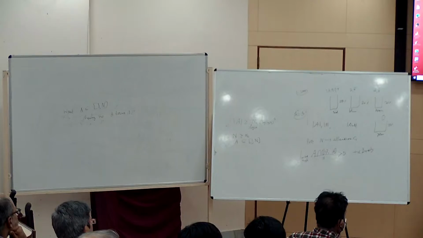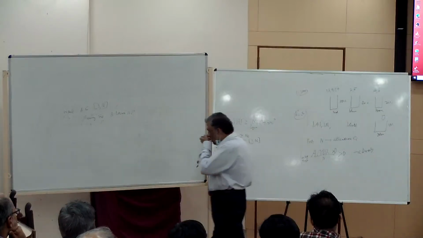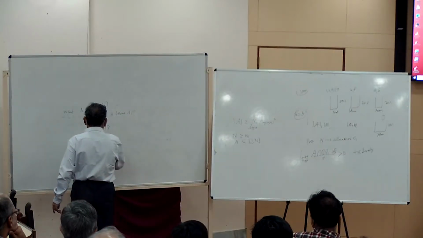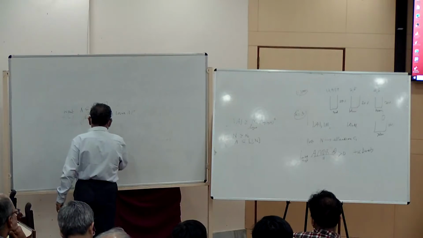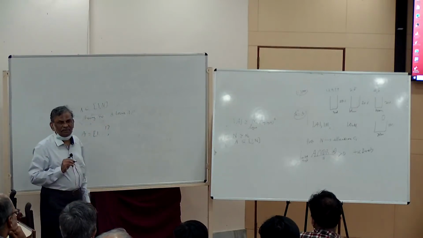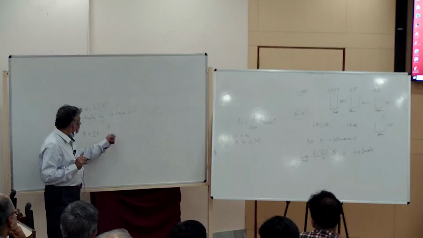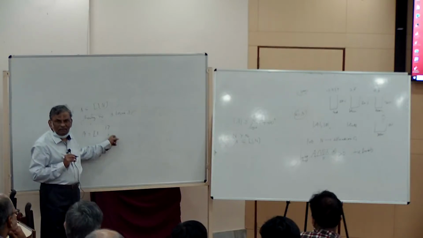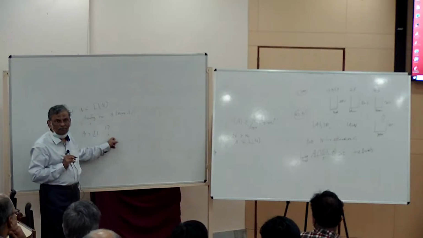What does the method do? The computer takes some number, let us say 17, and has constructed the numbers up to 17 in the set A. Then it decides whether to put 18 in the set or not. It checks whether putting 18 violates the condition you want.